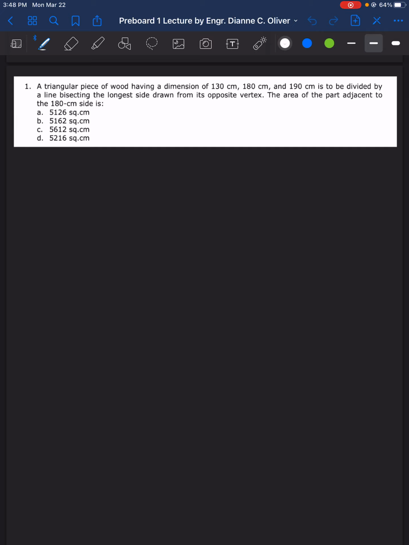The area of the part adjacent to the 180 centimeter side is letter A, 5,126 square centimeters, letter B, 5,162 square centimeters, letter C, 5,612 square centimeters, or letter D, 5,216 square centimeters.